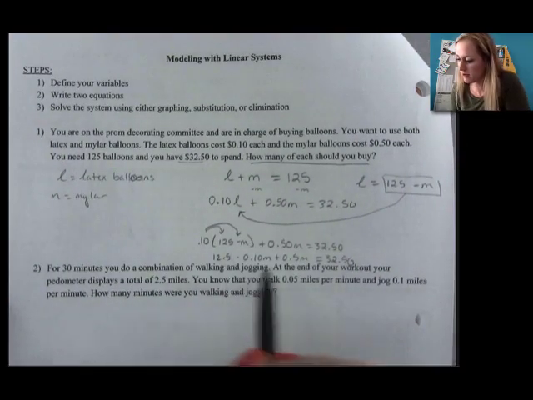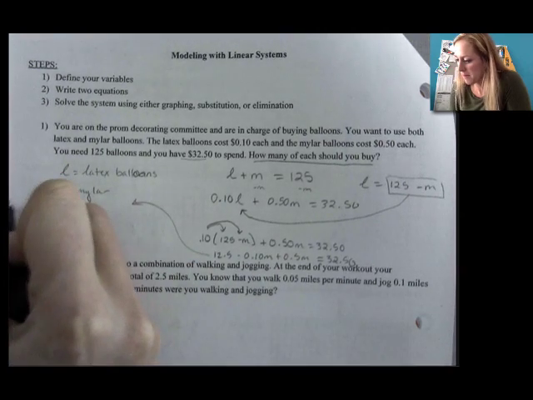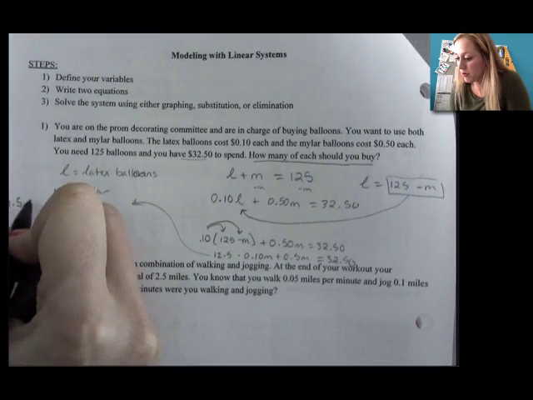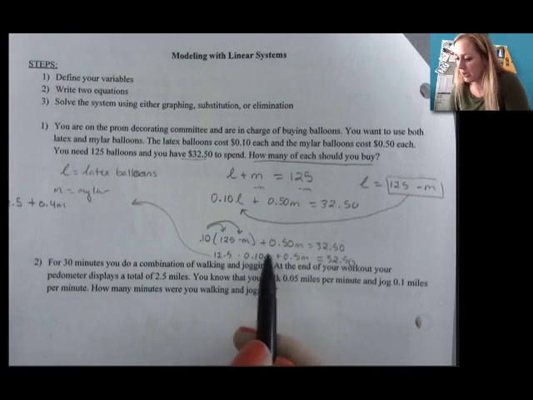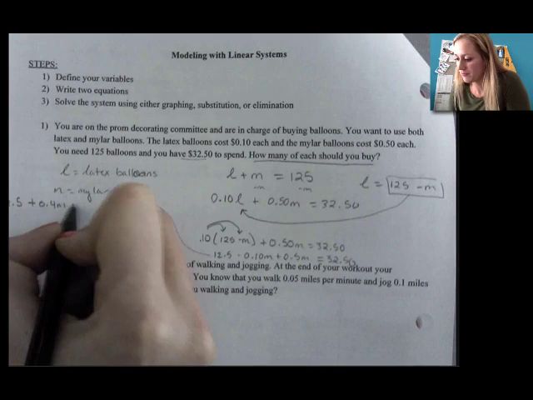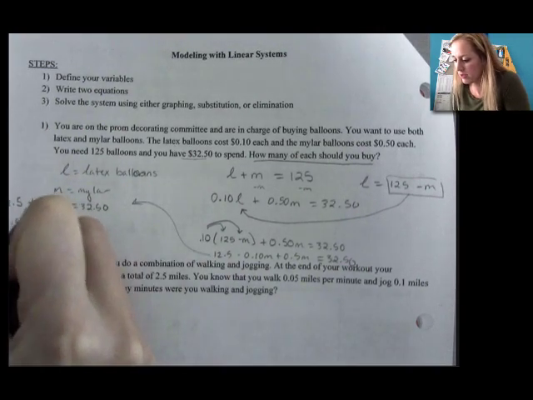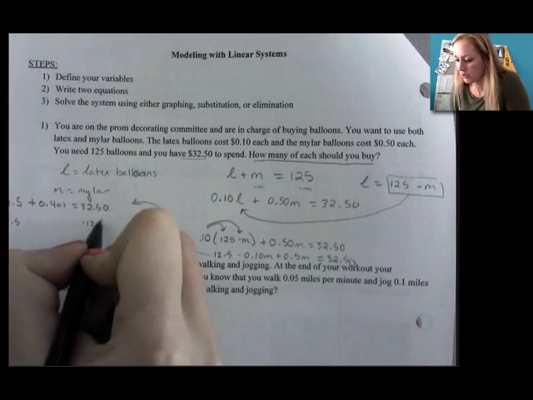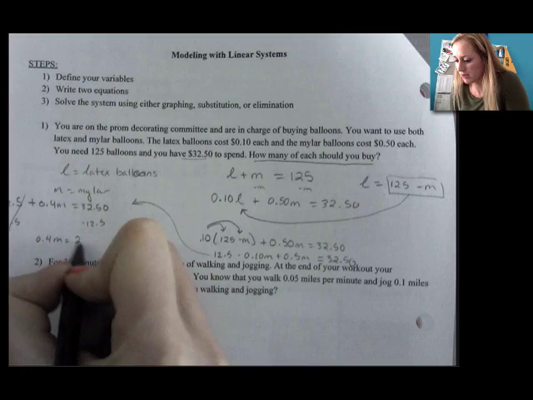So I have 12.5 plus 0.4 M, so that's what happens when I combine negative 0.1 and 0.5, equals 32.50. So now I'm subtracting 12.5. So I have 0.4 M equals 20, divided by 0.4.